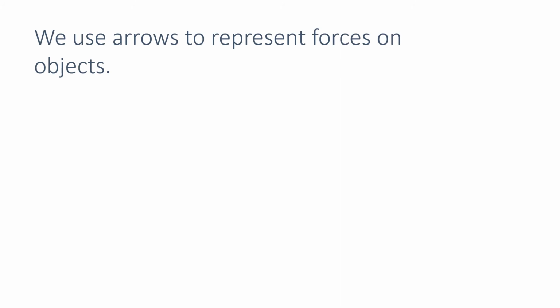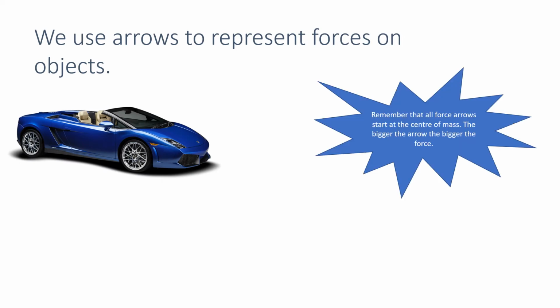To show forces acting upon an object, we use arrows to represent those forces. For example, this car here. The arrows always start in the center of the object, the center of the mass. As it says in that star, the bigger the arrow, the bigger the force.